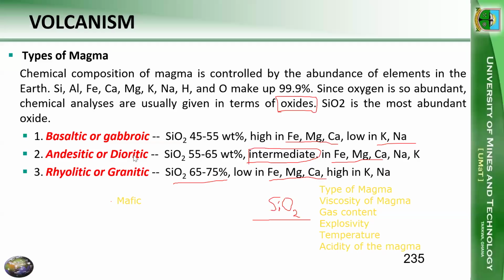And if the silica content is high, like the felsics, we call them what? Acidic magmas. Just like your acids and bases, but in geology, these are more descriptive terms when we talk about the magmas.